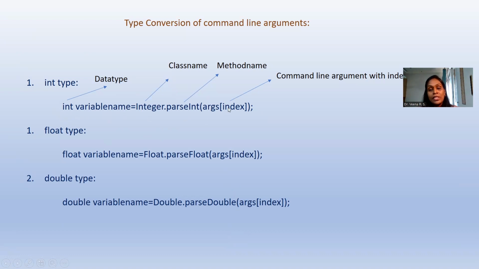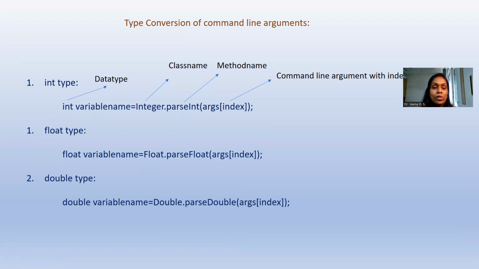So this args of index is a command line argument, and this command line argument is passed to the method parseInt, which is going to convert a string to the integer value, and the meaning of this method is already stored in the class that is Integer, and that is of type static. That's why you're making use of Integer.parseInt. And after conversion, the integer value will be stored in the respective variable name of type integer.